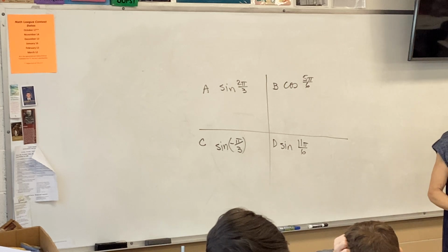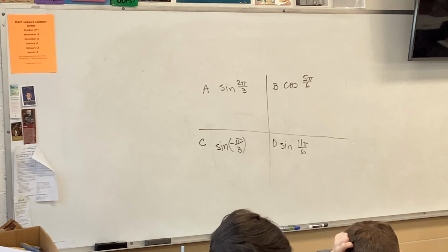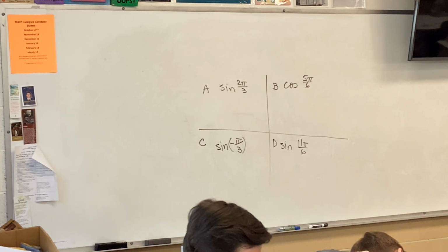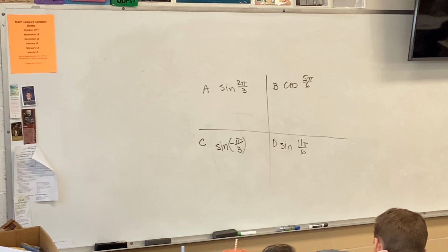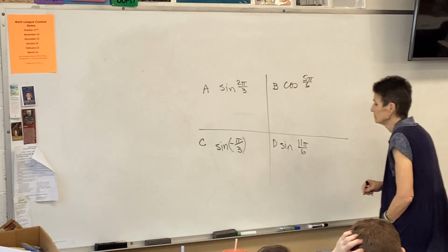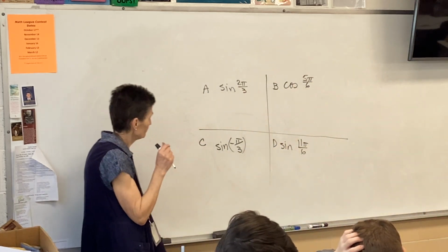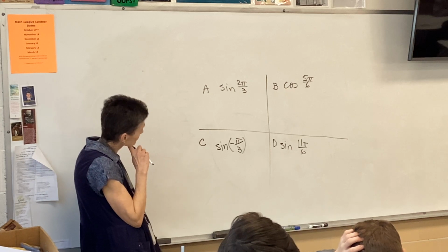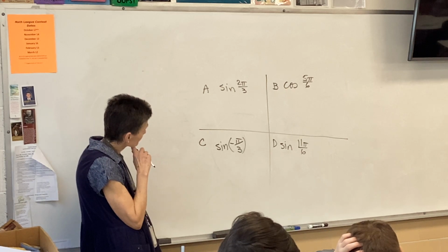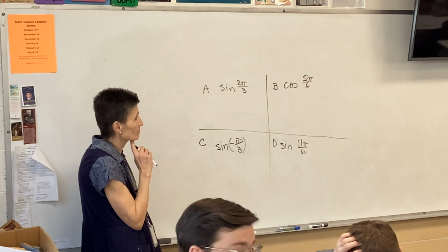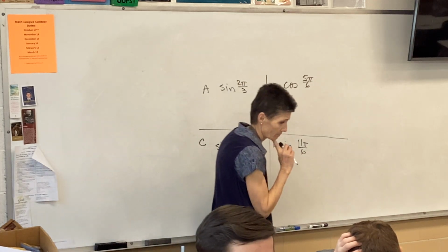Doesn't have to be anything super sophisticated. If you think about this, counterclockwise, this is one pi, and negative one pi would be the same as this one. So A is the only one that isn't in the fourth quadrant.